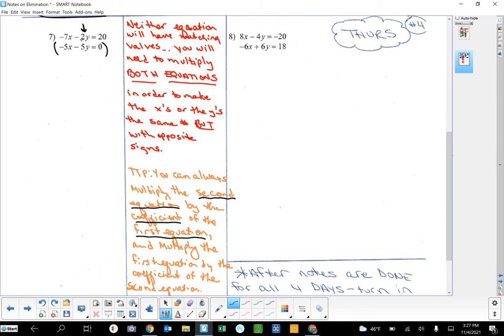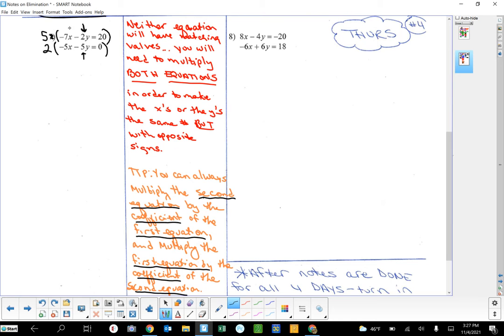So I'm going to take the coefficient from that one and multiply it out here. And then I'm going to multiply the first equation by the coefficient of the second equation. So the second one, and multiply out here. Okay, so this is a tip that will always work.